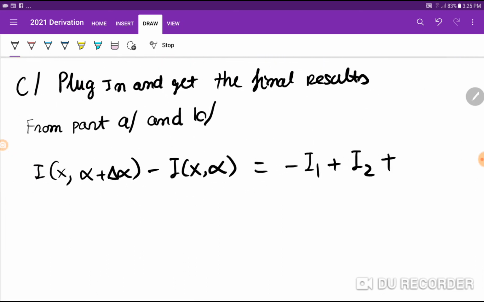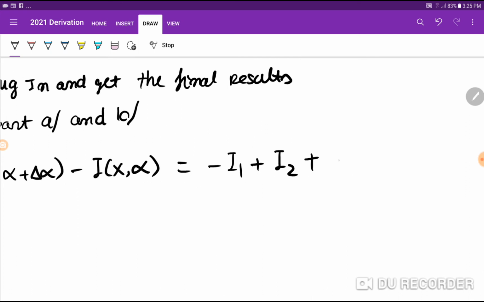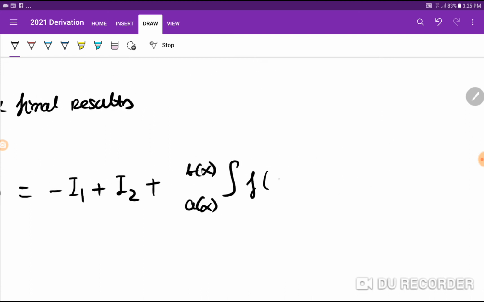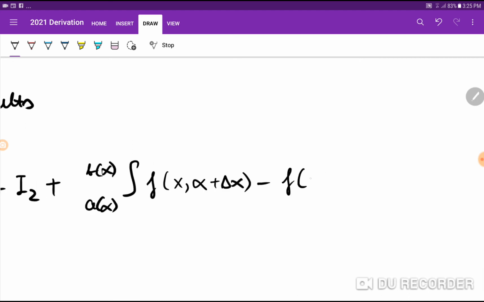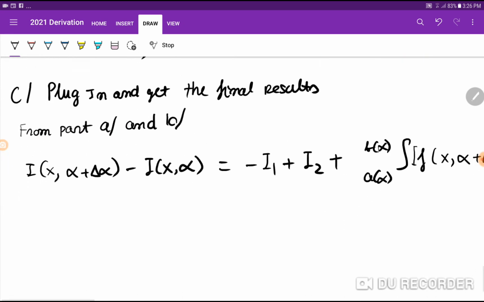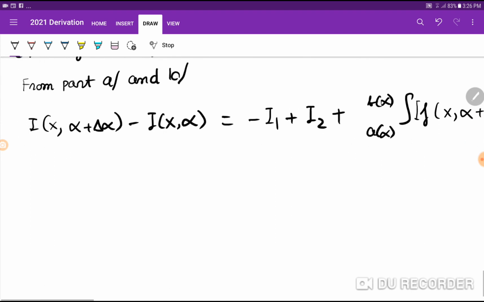So it would be the integral of A alpha to B alpha of f x alpha plus delta alpha minus f x alpha, all this dx. Right, now I'm just gonna plug in the result.